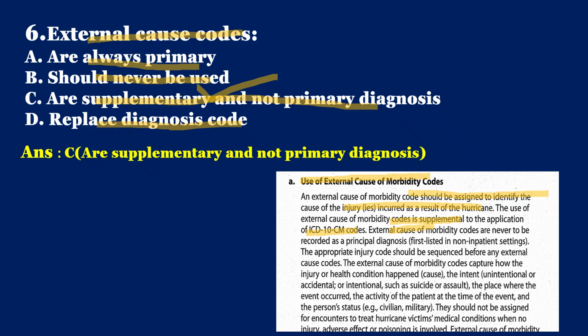External causes of morbidity codes are never to be used as principal diagnosis. It means primary diagnosis, first listed in a non-patient setting. So they are saying external cause codes are supplementary and these are never coded as first listed diagnosis. It means we should not code them first.